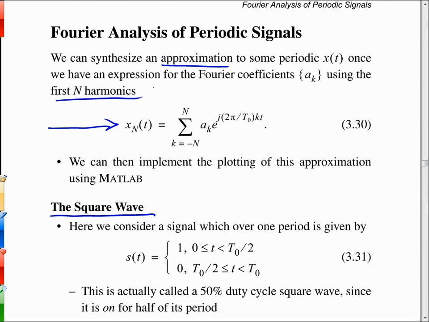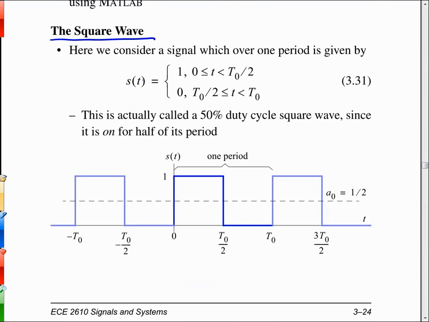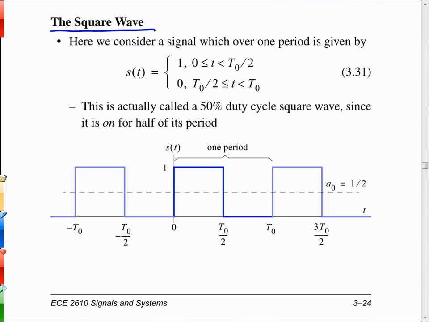So the first example is the square wave, and this is a classical waveform, and it's a waveform you're familiar with from logic circuits because it's a clock signal, right? An ideal clock waveform would be something that's on for half the time and off for half the time. So we'd call this a 50% duty cycle square wave.